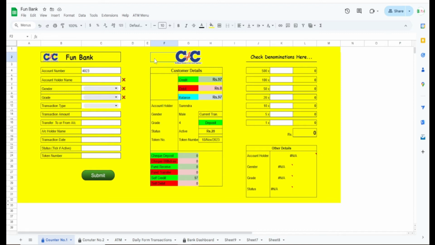The other 2 will be at counter 1. For what they do there, you can refer to my previous video. I'm just going to brief it. In counter 1, there will be 2 people who will be digitalizing the forms, whether it is the withdrawal or the deposit or any other form.